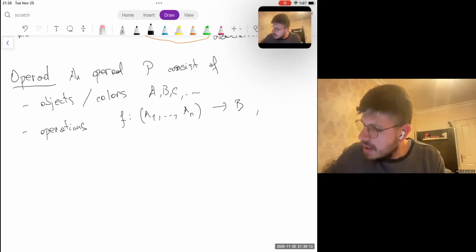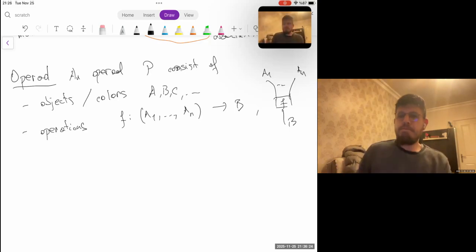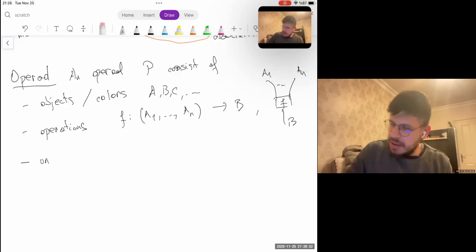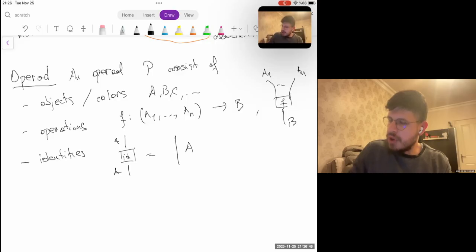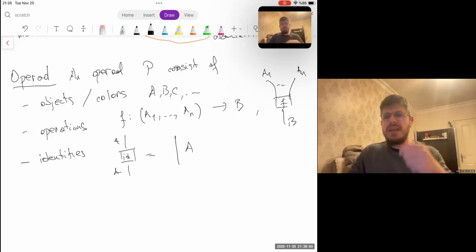Now, of course, these operations are better understood in string diagrammatic terms: A1 up to AN into B. And then we have identities, which we can denote as the identity from A to A, but usually we just draw a straight string, meaning nothing is happening.